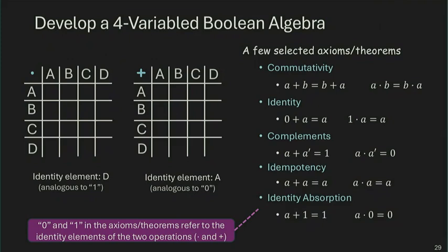A, B, C, D. Right? These are just, again, some arbitrary symbols. Right? They don't have any meaning. And I would just claim D to be the identity element for one of the operators, A to be the identity element for the other operator. What I can do is follow some of these axioms to fill out the table. Right? For example, identity.